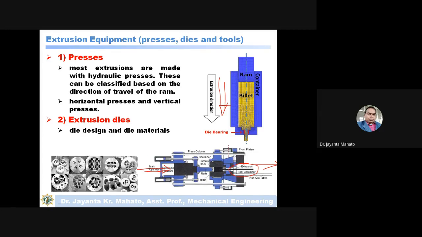The material of the die should be of high strength, and the die design also depends on the extrusion process, meaning the angle of the die. I will tell how they affect it. Okay, and another is tools. So these are the main three parts: the process, meaning in which direction the extrusion will occur, either horizontal or vertical; the extrusion dies, die design and die material; and the other tools.